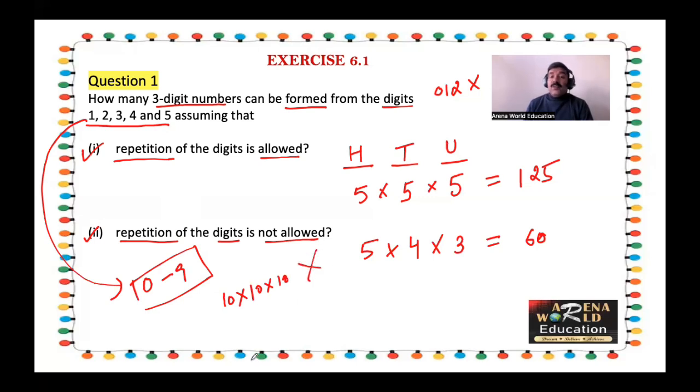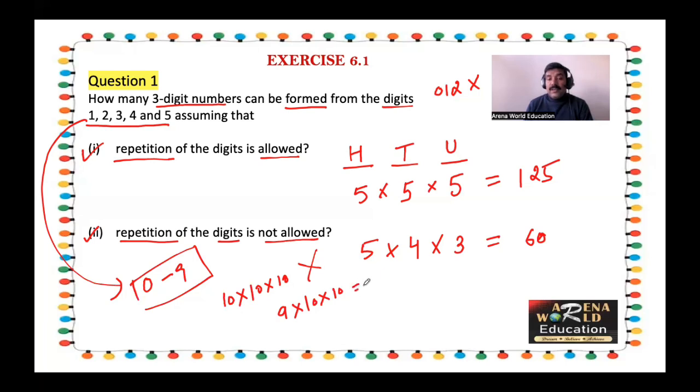First of all, read the question carefully. Repetition is allowed, but at the hundreds place, you cannot write 0. So for the hundreds place it will be 9, and for the tens and unit digits it will be 10 and 10.